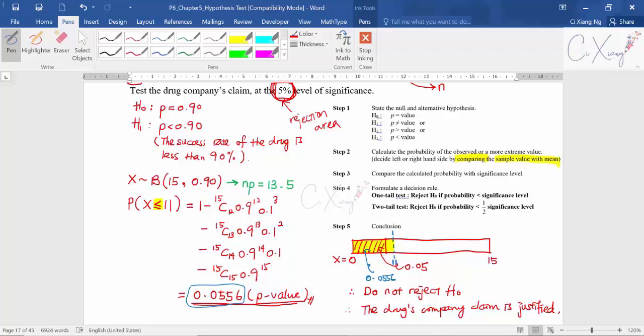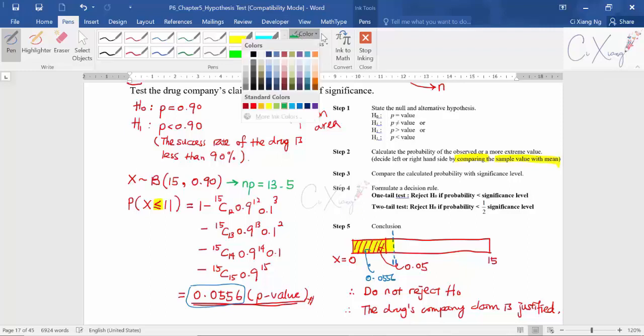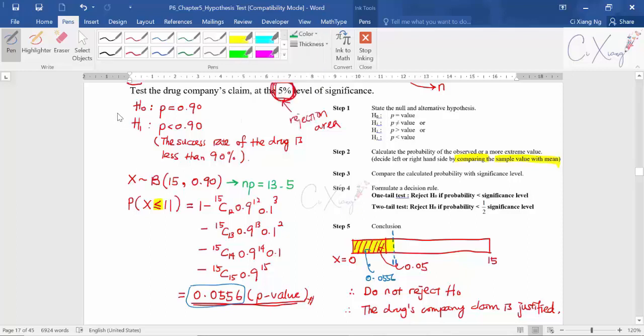Here the steps don't look very long, but there are a lot of small details that you need to know. Step number 1, form the alternative and null hypothesis. Step number 2, write out the binomial distribution symbol here, and after that you calculate the p-value.